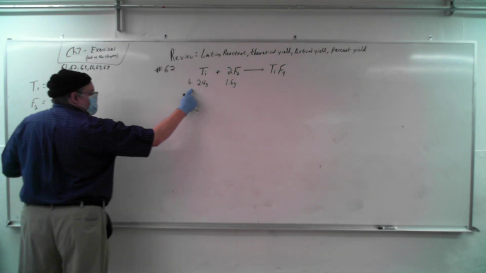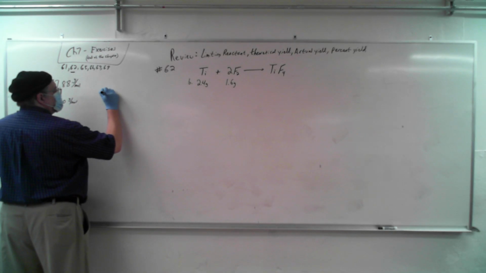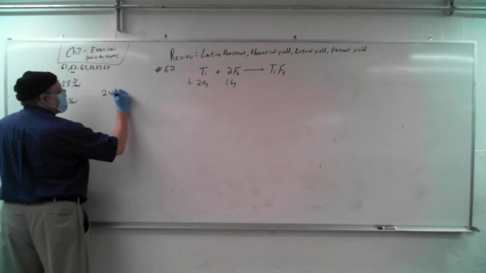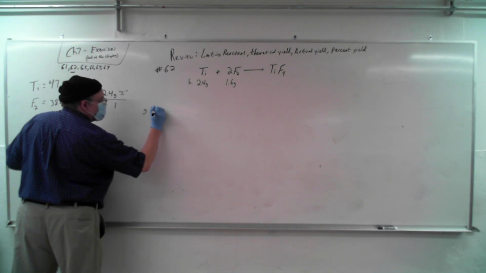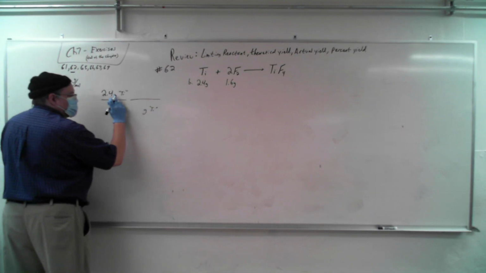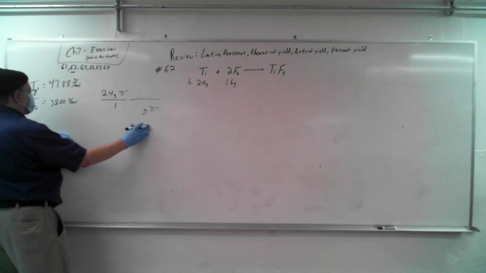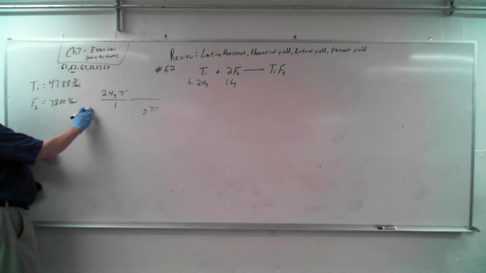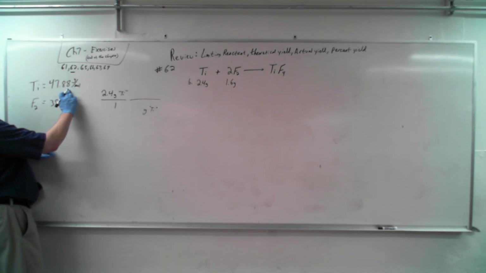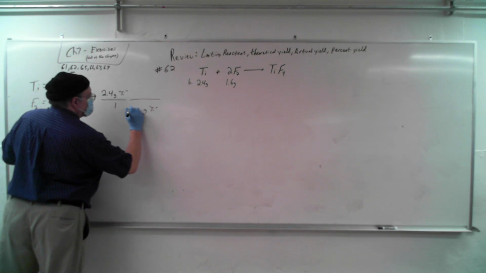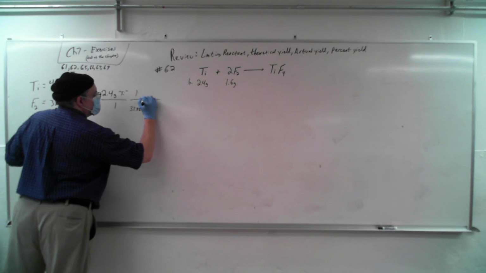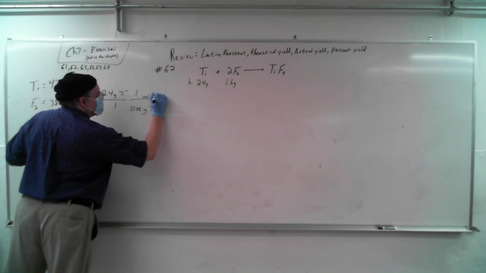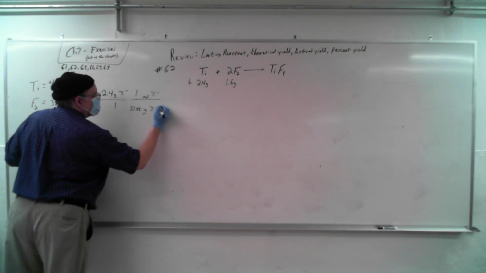And you start with this 2.4 grams of Ti. That means you need grams of Ti on the bottom. So we're going to use this 47.88 grams, 1 mole of Ti.